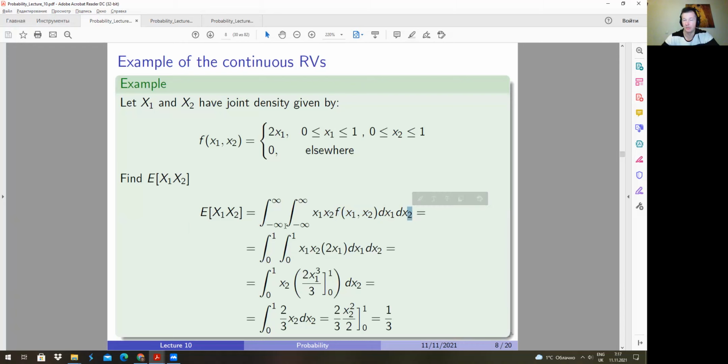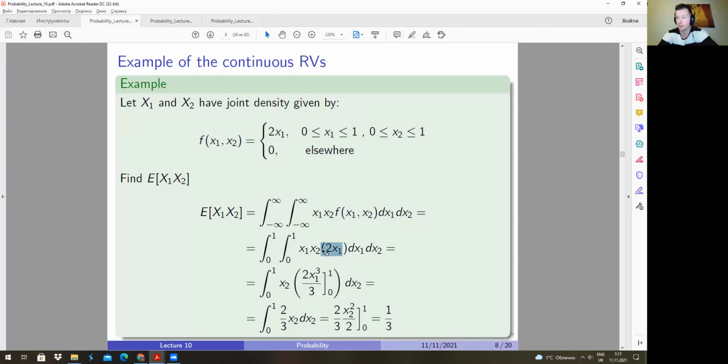Well, now taking the particular joint density function, I know that both variables are changing between 0 and 1. And my joint density is 2x1. Basically, you can choose which variable to integrate first, because I hope you know that you can change the integration signs if these two are independent.